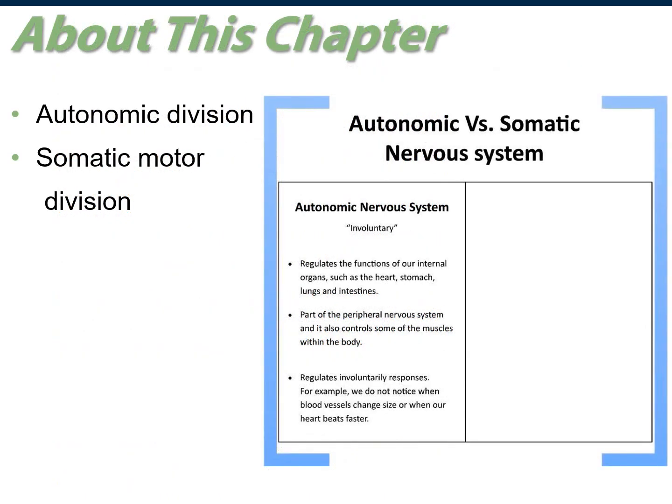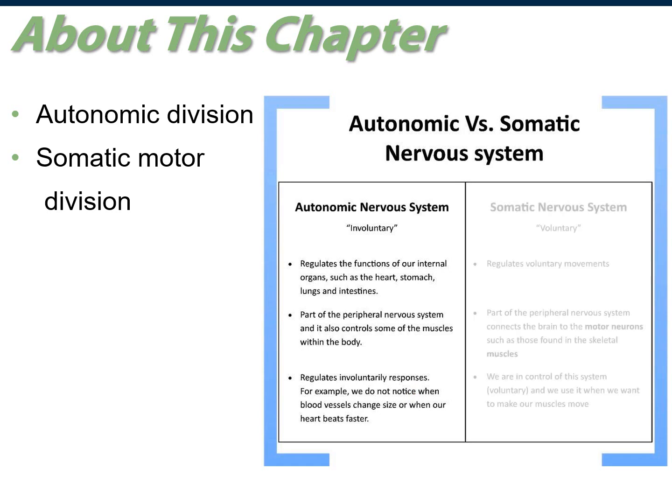So we have two major divisions of the central nervous system. We certainly have the somatic motor division, which is mostly tasked with what we call voluntary type functions. And then we have autonomics, which is primarily involuntary, subconscious: heart rate, stomach and gastrointestinal tone, how often they're contracting, secretion of glands and so forth, involuntary responses, blood vessel dilation and so forth.